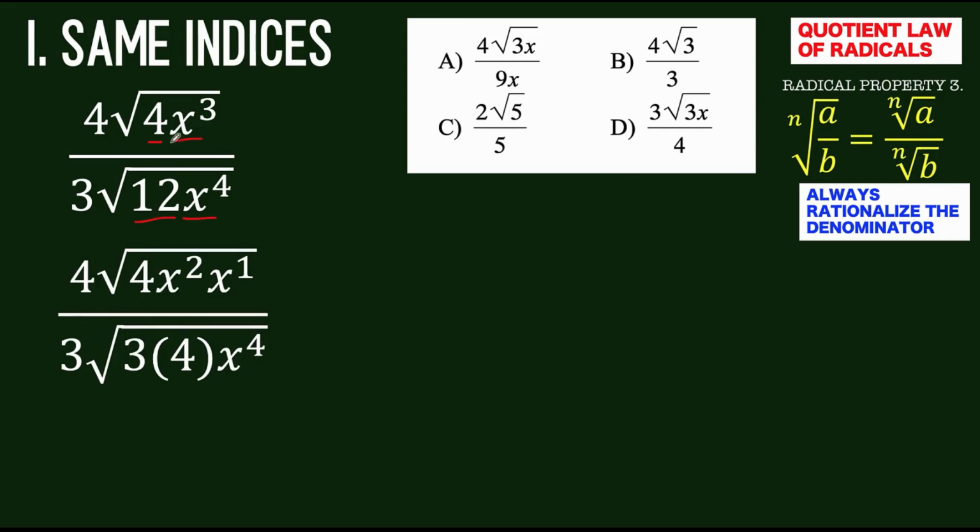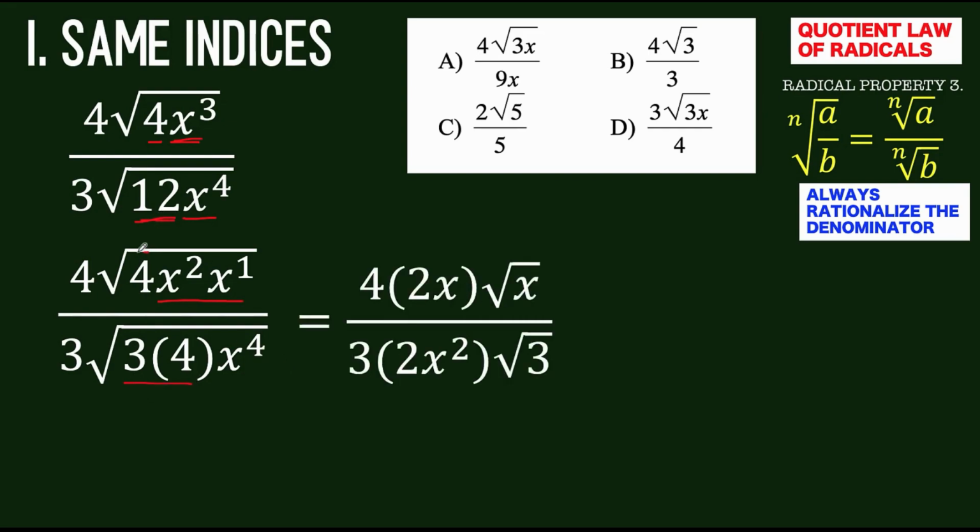So this x cubed is now written as x squared times x to the first. This 12 is now written as 3 times 4. Then simplify. The square root of this 4 is this 2. The square root of this x squared is now this x. What's left is the square root of x to the first, or the square root of x. Then in the denominator, we copy the 3, but the square root of this 4 is now this 2, and the square root of x to the fourth is now this x squared.